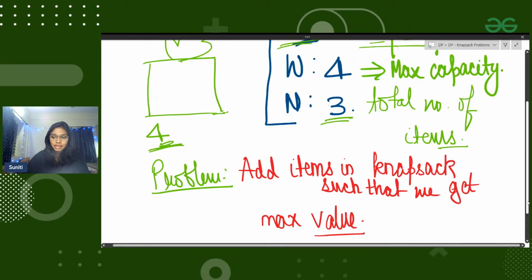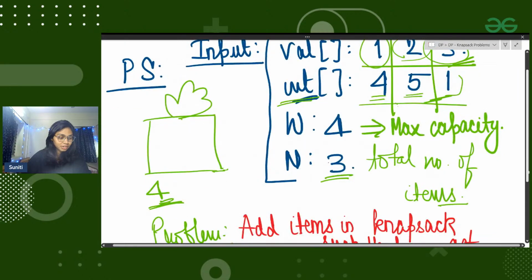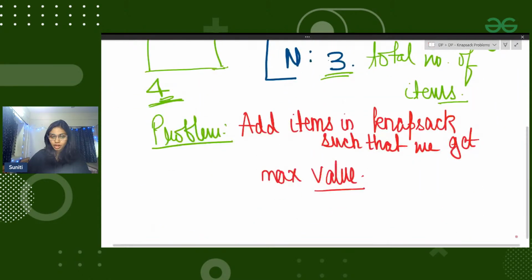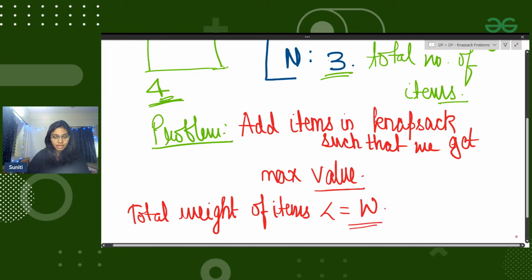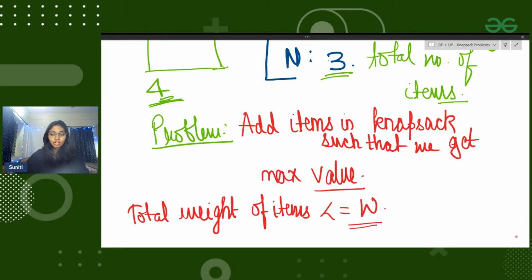Is this problem statement clear to you all? Also, you need to add items in such a way that the total weight of the items is less than or equal to W, that is, the maximum weight of the knapsack. All right. Is this clear to you all?